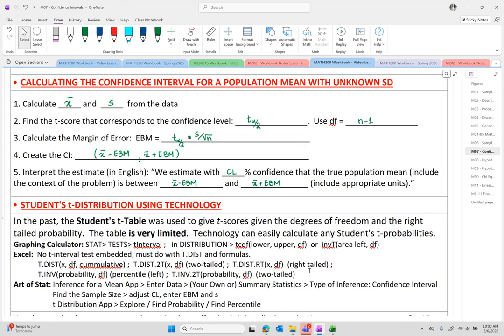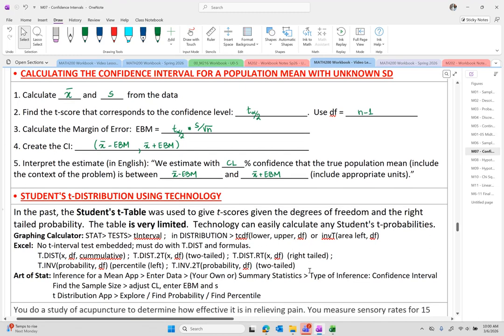You will interpret it as, we estimate with confidence level this much percent that the true population mean, based on the context of your problem, describe it, is between the lower bound and the upper bound units that describe the mean.